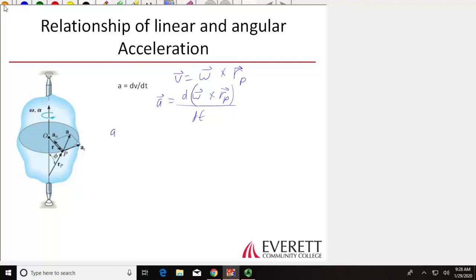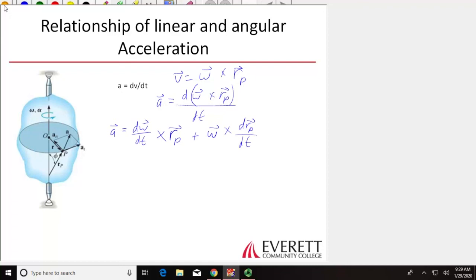So we'll say A is equal to the derivative of one times the other. That would be d omega/dt, the times is our cross product, r_p, plus omega cross with the derivative of r_p/dt.